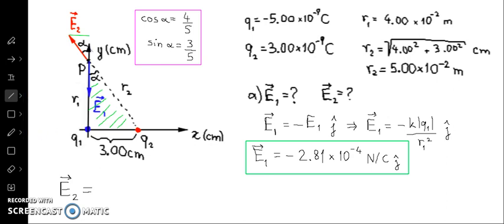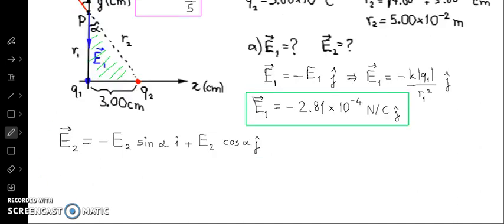So I'm drawing this vertical dashed line in the green segment. If you focus on the upside down triangle on the top, the green segment represents the x component of E2, and that's the opposite side of angle alpha, so that's E2 times sine alpha.